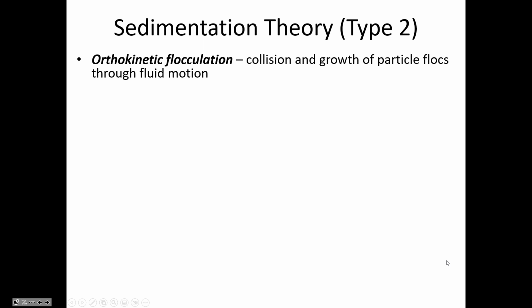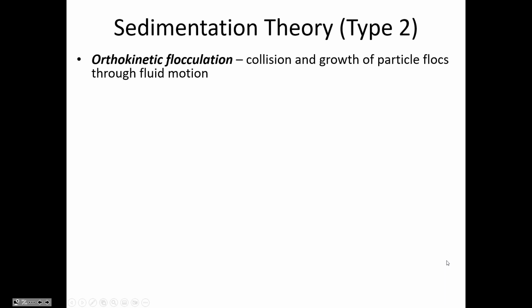Okay. Well, let's talk a little bit in more detail about the type 2 settling that's happening. Type 1 settling was an individual particle assuming that it's spherical and that there's no interference as it goes down. Type 2 says that the particles are going to interact with one another.